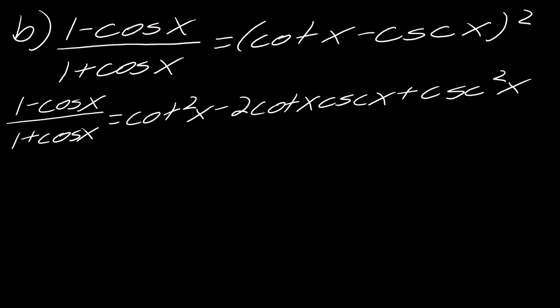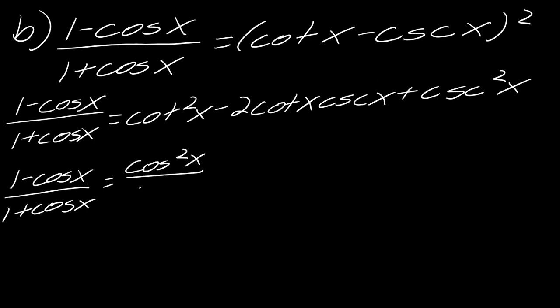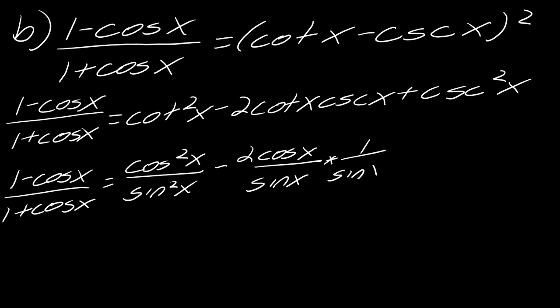So let's just go ahead and do that and see what we get, and then see if we get inspired. So, okay, this is going to be cosine squared x over sine squared x. This one will be, so 2 cosine x over sine x times 1 over sine x, and then this will be 1 over sine squared x.